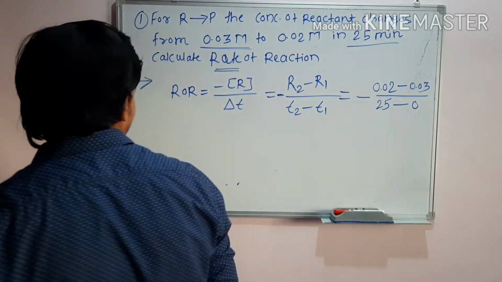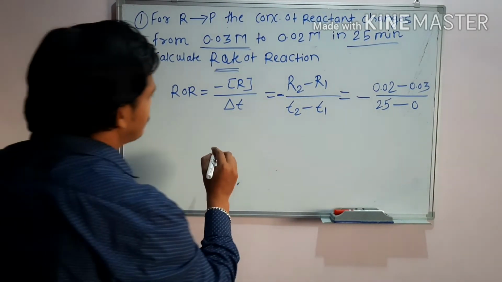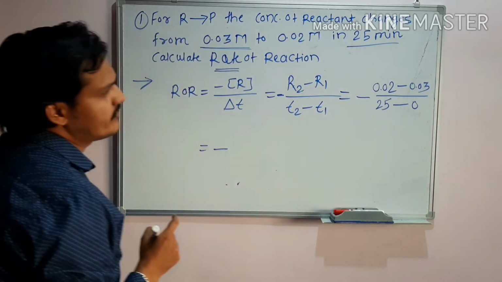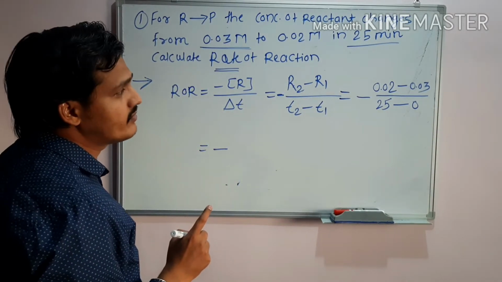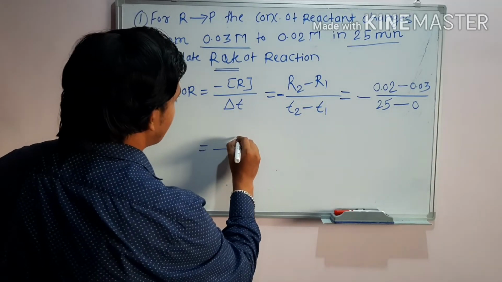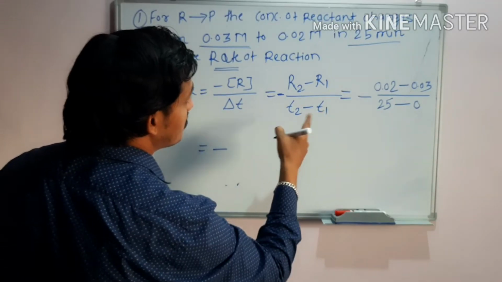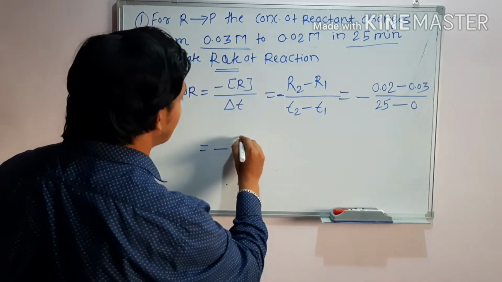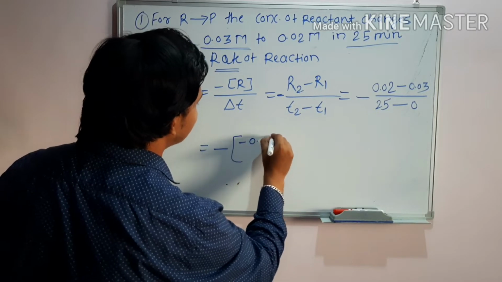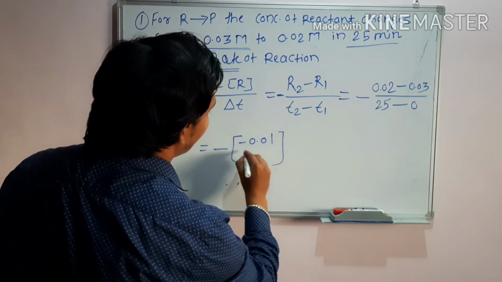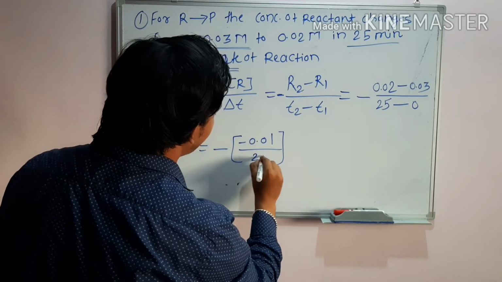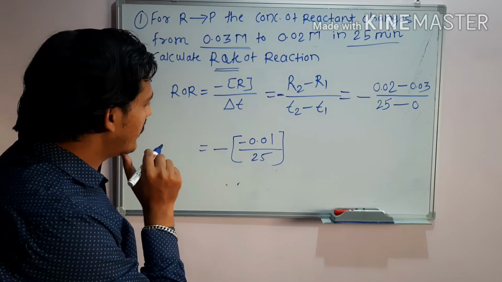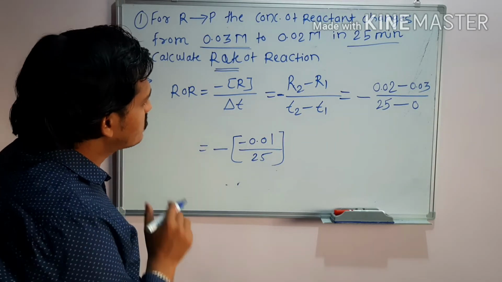Now what is our next step? We have to subtract. 0.02 minus 0.03 gives minus 0.01. Minus 0.01 divided by 25 minus 0, that is 25. Now how to solve this?